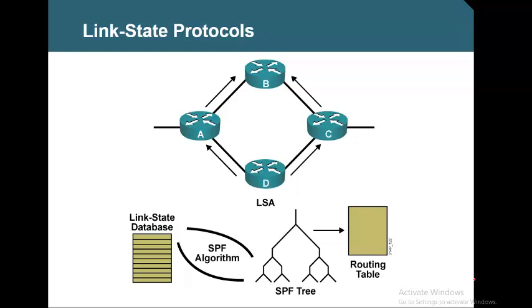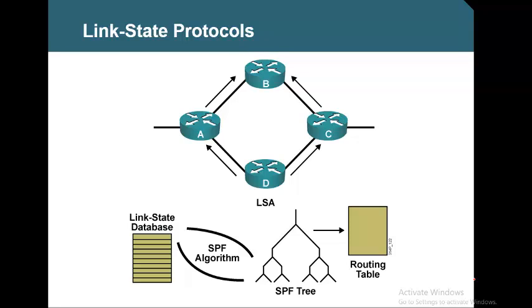We have 10 and 40 for a broadcast or a point-to-point network type. We have 30 for NBMA, non-broadcast multi-access, and point-to-multipoint non-broadcast.